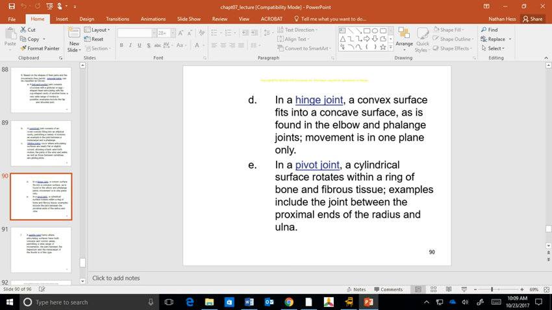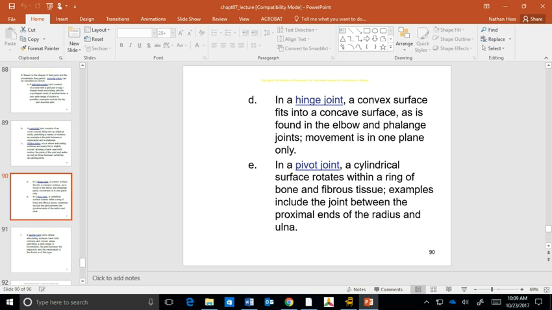A hinge joint, you've got a convex and a concave, that they fit together. So your elbow is a perfect example of that. Think about that hook, right? The end of the olecranon, the end of your ulna that goes into this little concave piece of your humerus. And that would just move back and forth to give you your elbow flexion and extension.